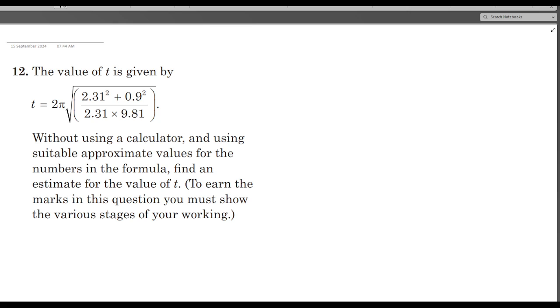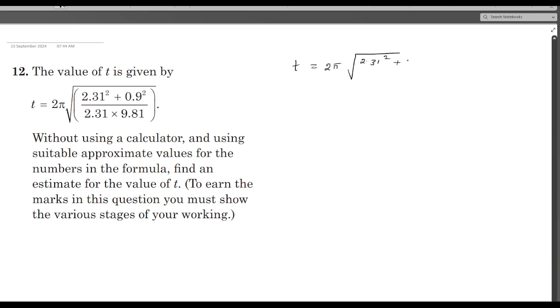Okay. So t is 2 pi square root of 2.31 squared plus 0.9 squared divided by 2.31 times 9.81.